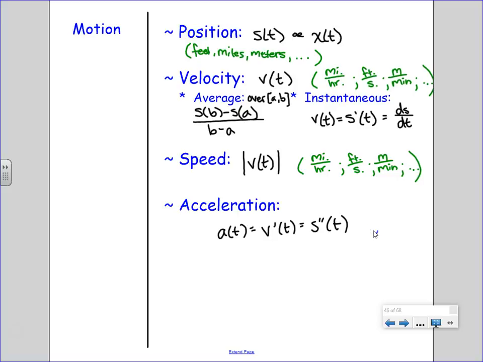Its measurements are just like velocity but with an extra per time. Feet per second, but with an extra per second. Meters per minute, but with an extra per minute. Squared is only on the bottom, not on the top.